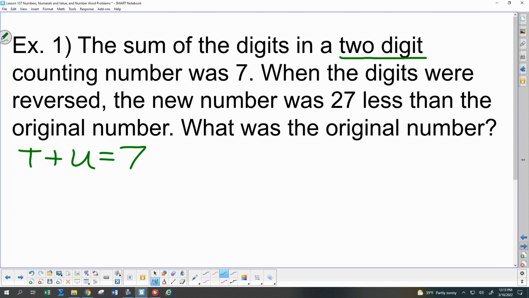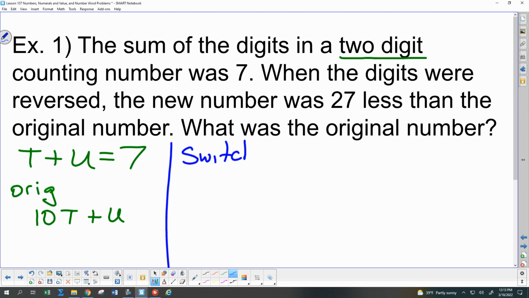Okay, my original number is 10T plus U. If I switch it, it is now 10 times what was in the units digit before, and what was in the tens digit is now in the ones digit, so just plus 1 times that.